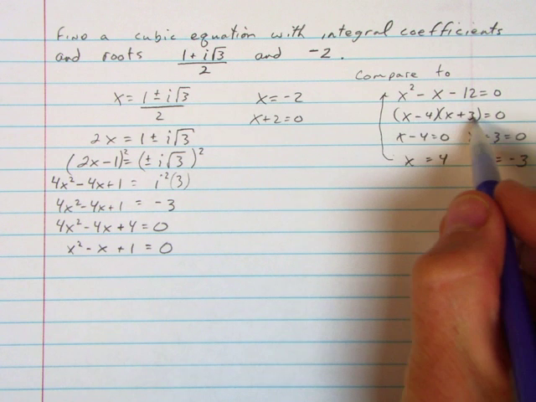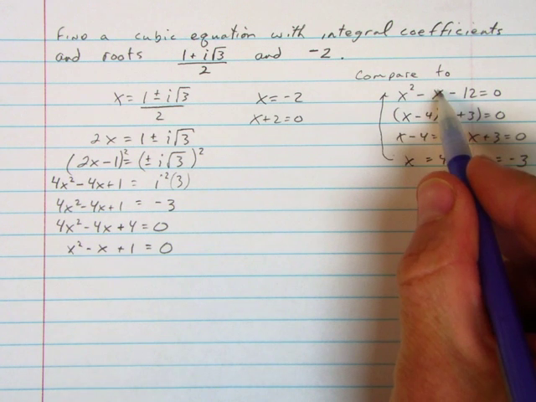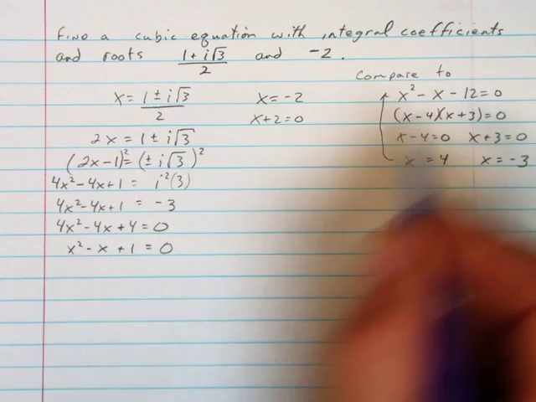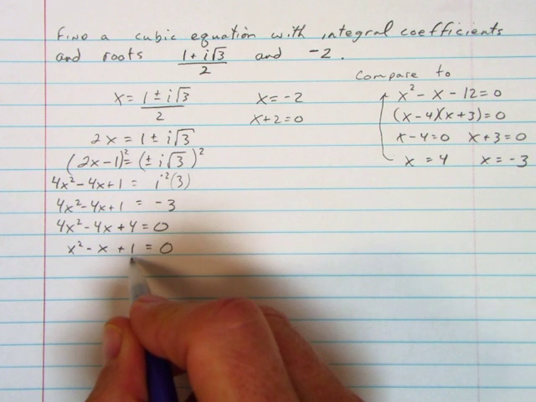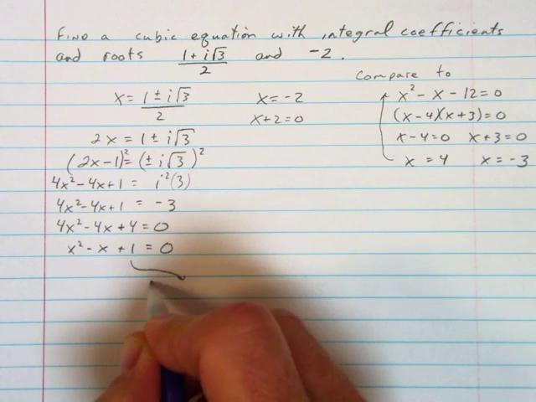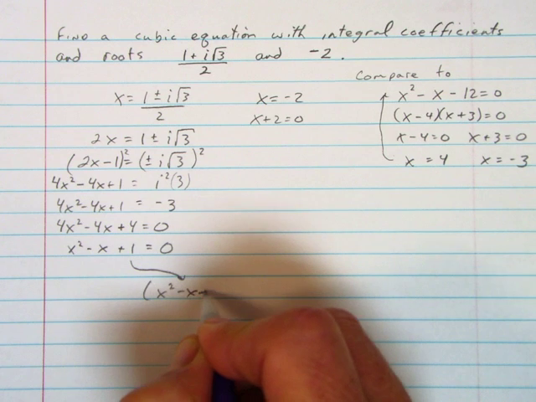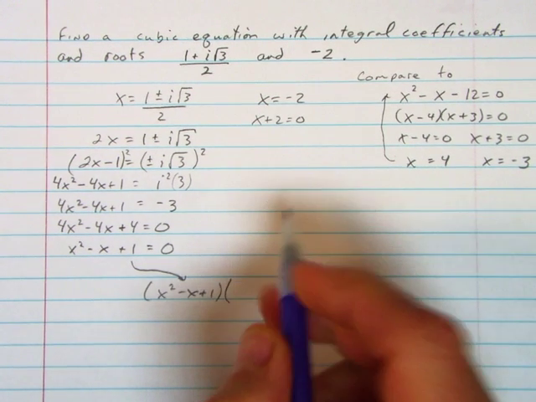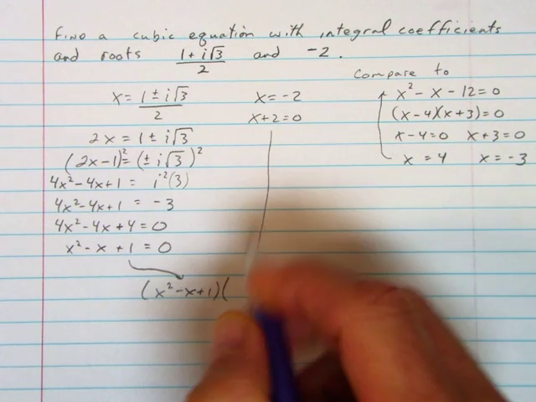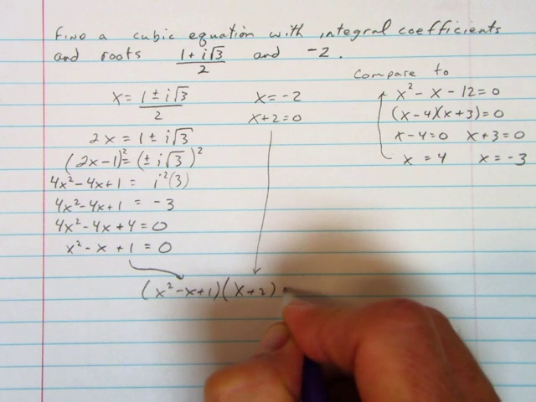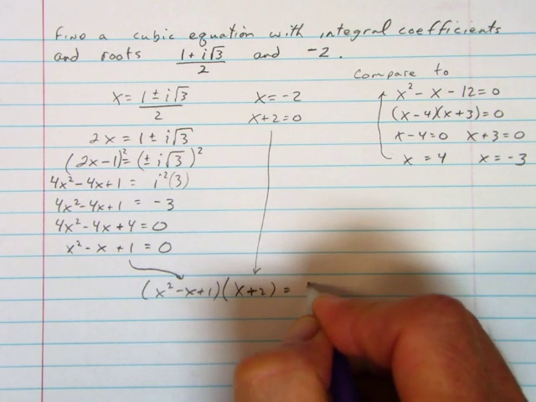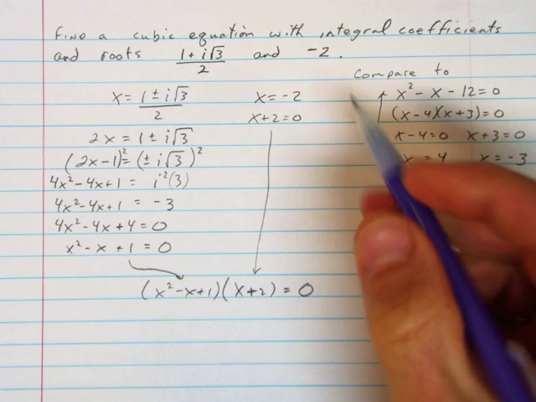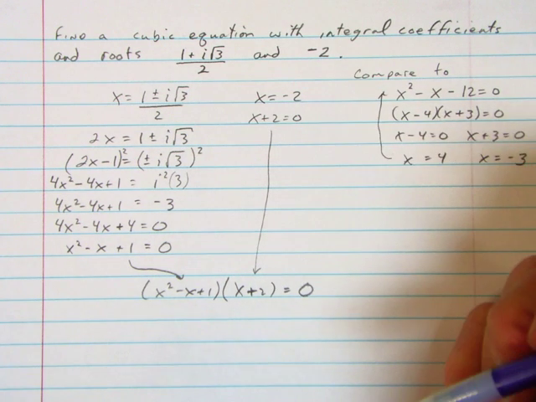Now when we have our factors, we multiply them together to get the original equation. So our factors in this case would be this quadratic, x squared minus x plus 1, and the other one, x plus 2. And these are roots of a problem, so it equals 0.